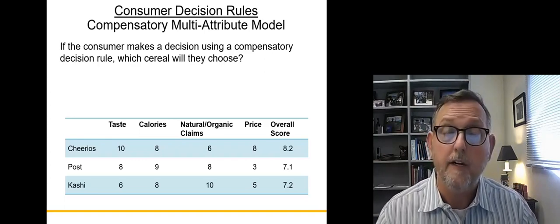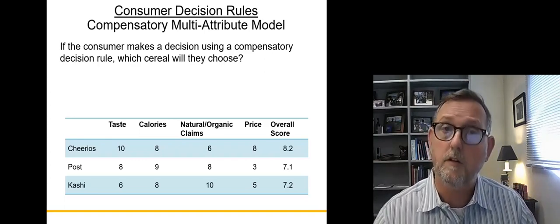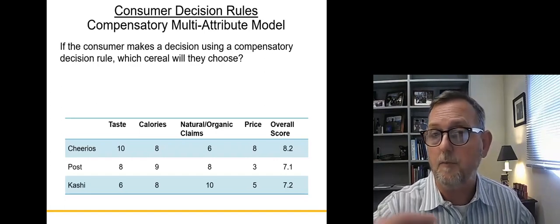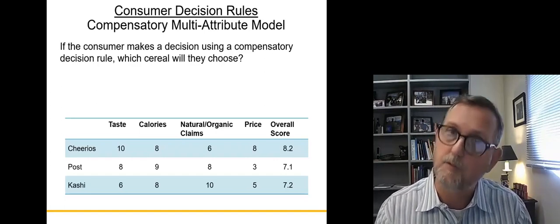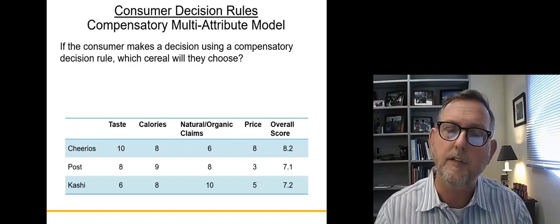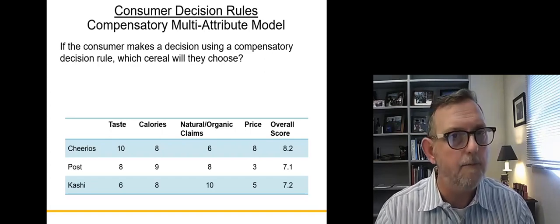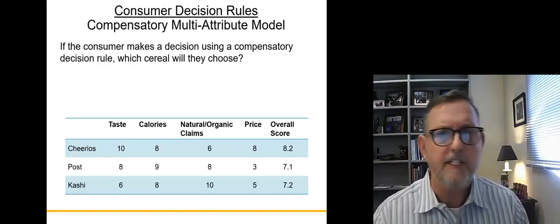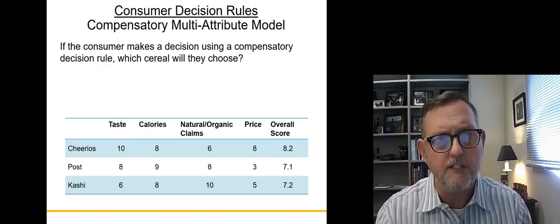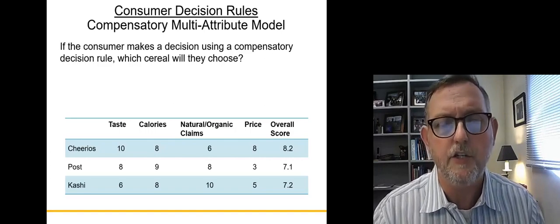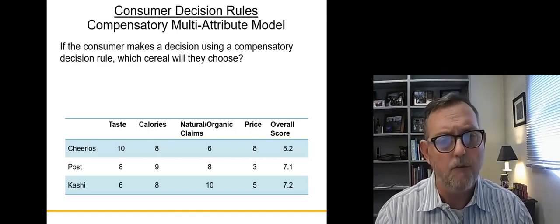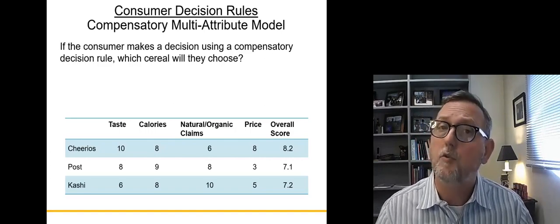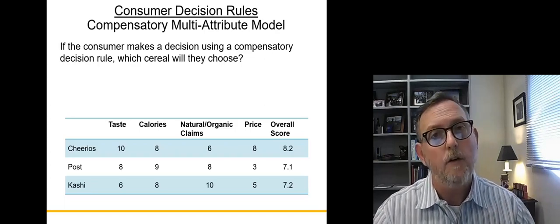So this is a compensatory decision rule process, and this is called multi-attribute because there are multiple criteria: taste, calories, organic, and price. So you can ask the question, if the customer makes a decision using this rule system, which cereal would they choose? And you likely say Cheerios because it scores the highest.